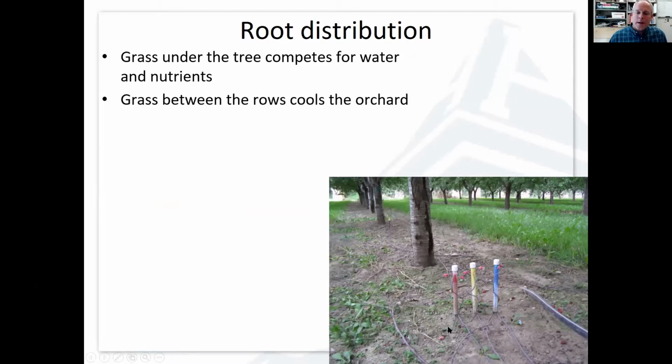The other thing that I want to point out here is that in this commercial orchard, they try and keep this area under the tree as what they call a weed-free strip. There's weeds there, I know, but they'll either use herbicides or mulches to try and keep the vegetation to a minimum. And usually they want to keep about a 3 foot radius.